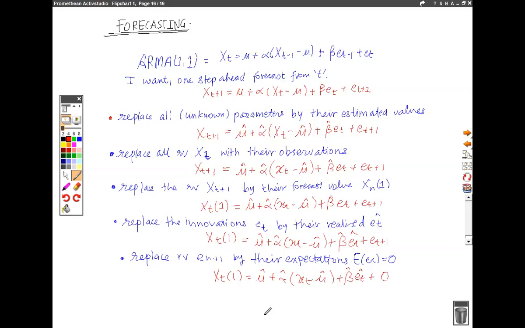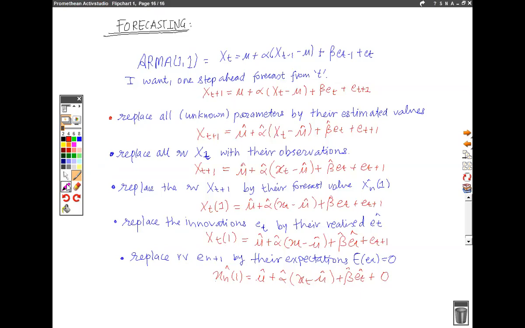So these are just a couple of steps that you have to take to forecast. I feel like this is a very tedious process and not so much of importance, I would say. But yeah, it's what you got to do. So now by doing this, remember, the forecasted value is also this. So at the end, you will be left with xn1 hat, and this is also the value that you're estimating.